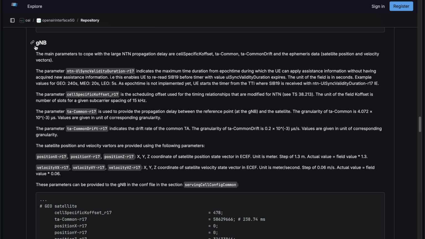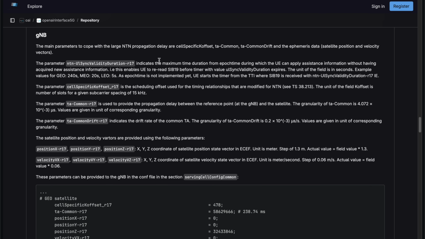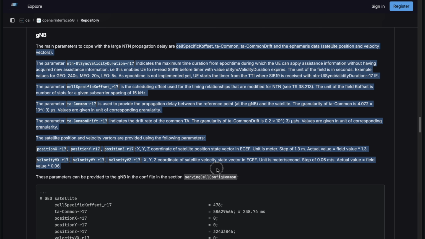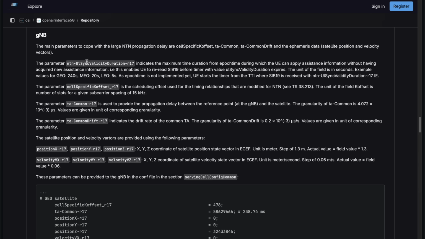So moving further on the gNodeB side, here are some parameters which we need to know before configuring them. For example, here we have the sync validity duration. It's a timer in seconds basically that tells the UE how long it can use the NTN information from the SIB19 before it must request new data.